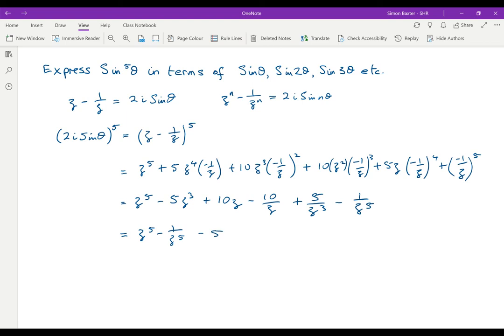Minus 5, I'm going to write minus 5z cubed, so I can put z cubed in. I've got plus 5 over z cubed. Because of the minus outside, I can write minus here. So that does give me minus 5 over z cubed. This one's a bit easier to see, plus 10 times z minus 10 times 1 over z.